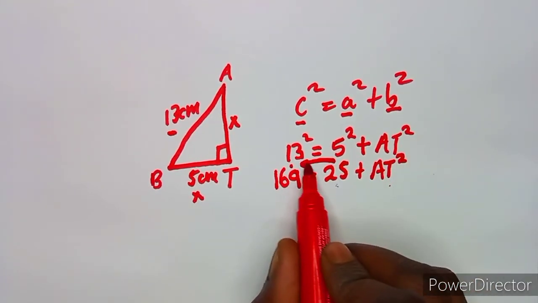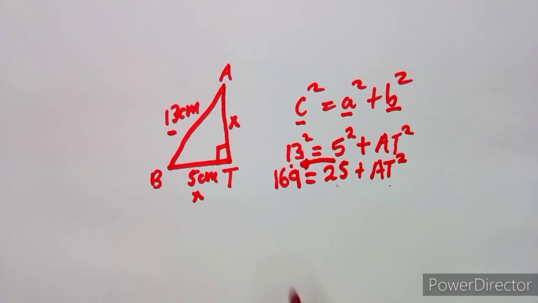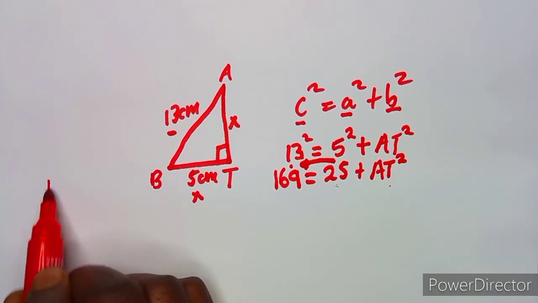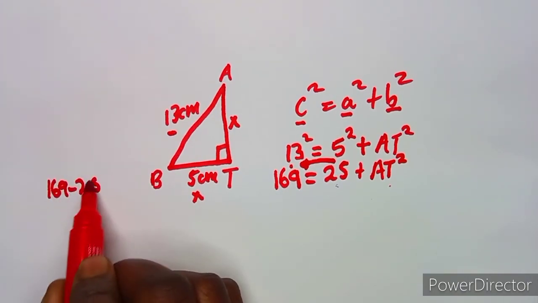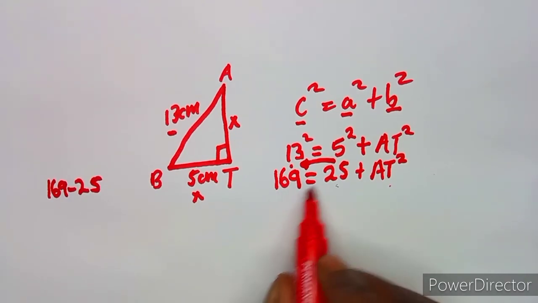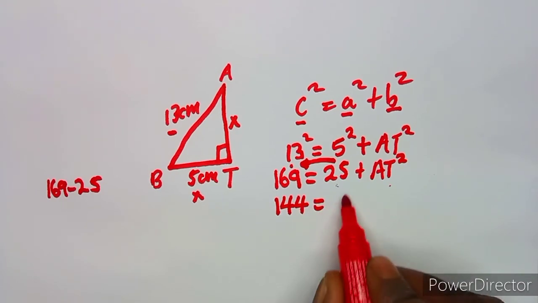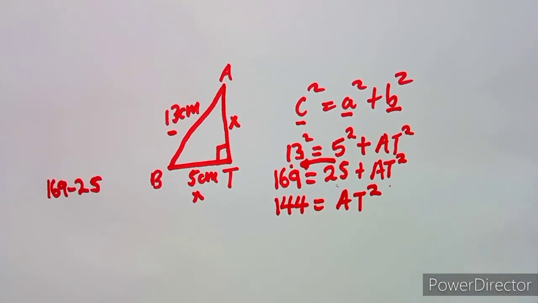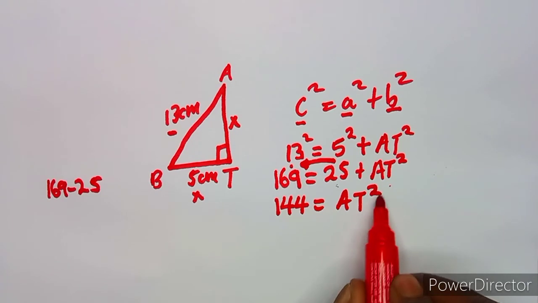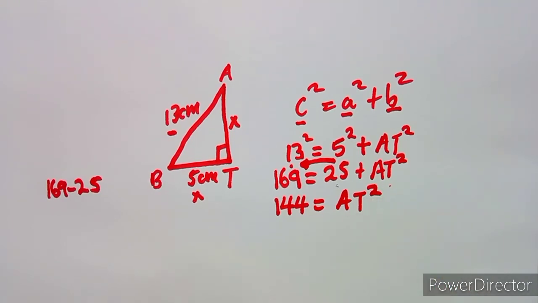Then collect these terms to one side of the equation. You're going to have 169 minus 25 because it has crossed the equal sign, which gives us 144 equal to AT squared. Remember, to remove the square, you have to introduce the square root.